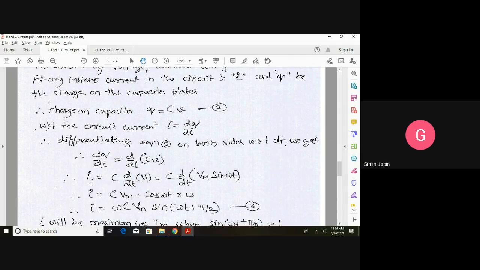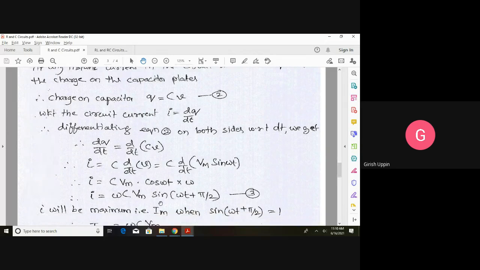So we can write the equation as i is equal to C into d by dt of Vm sin omega t. We already know Vm is a constant, so we take that outside, and the differentiation of sin omega t is cos omega t into omega.